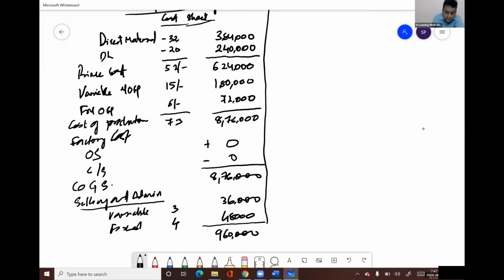Administrative costs separately are there. No, sir. Urmila, these 36 and 48 are administrative and selling costs, overheads. What about this 9,60,000? What is that called?